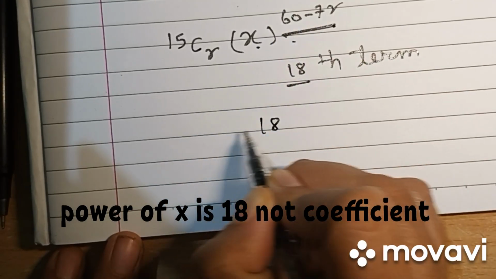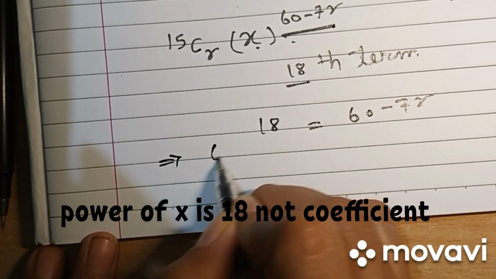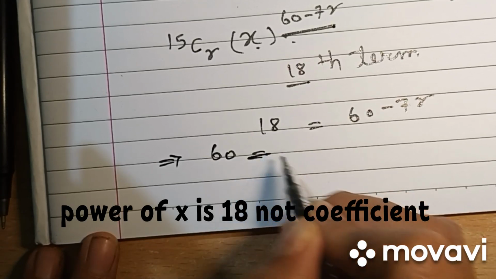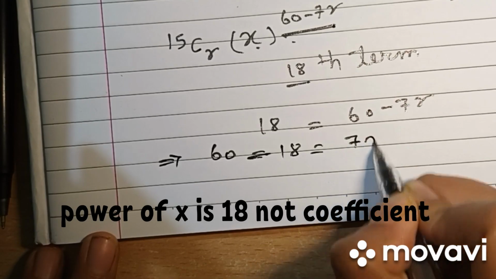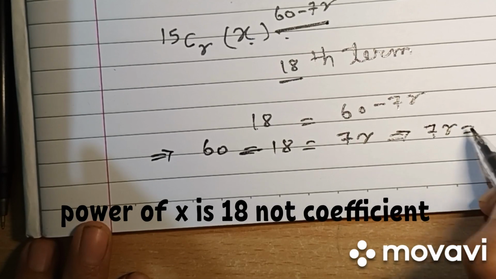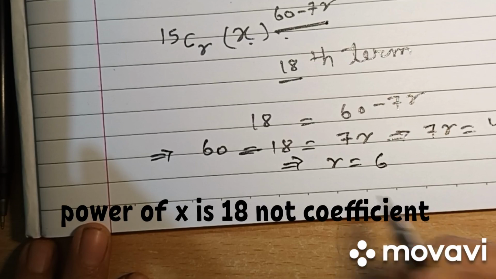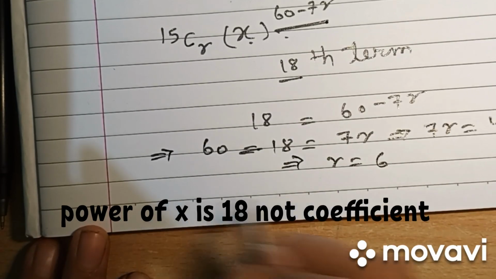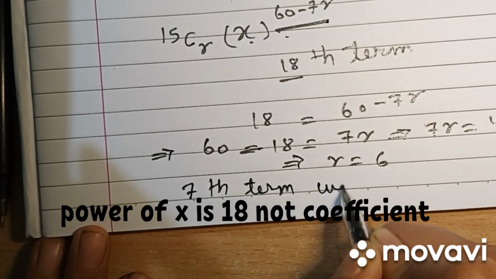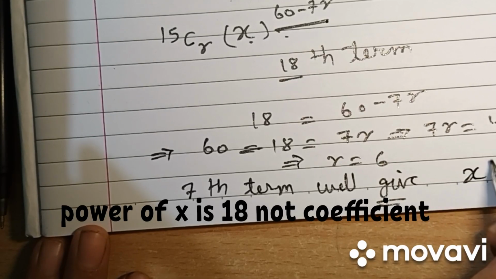So 18 is equal to 60 minus 7r, which gives 60 minus 18 is equal to 7r, which gives 7r is equal to 42, which implies that r equals 6. So the 7th term will give the coefficient of x raised to 18.